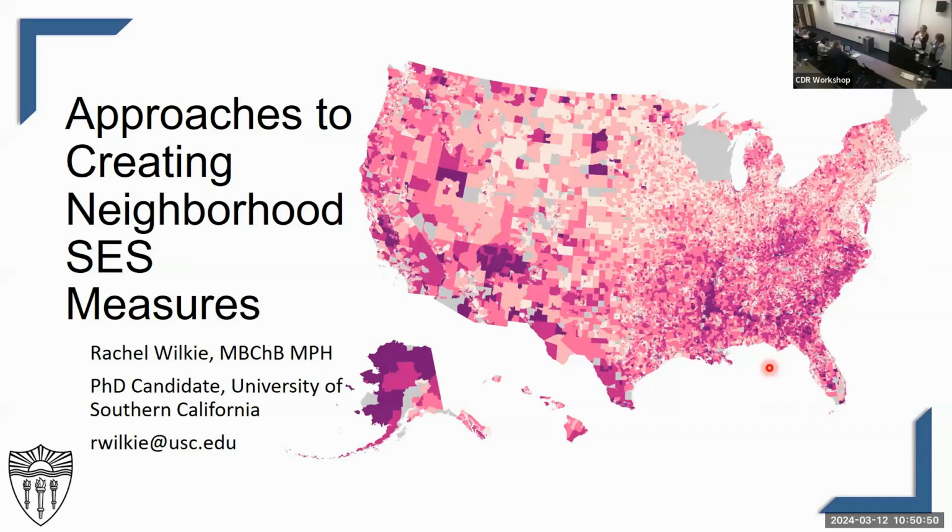Again, if you have any trouble hearing over in the back corner, she can use the microphone here. But she's going to talk about neighborhood SES measures. We're kind of going from the easiest measurement construction to some of the more complex constructions that require a bit more understanding of programs and some spatial approaches.